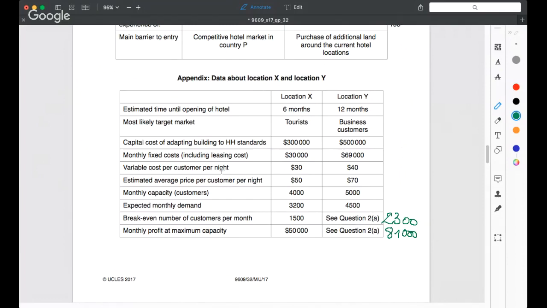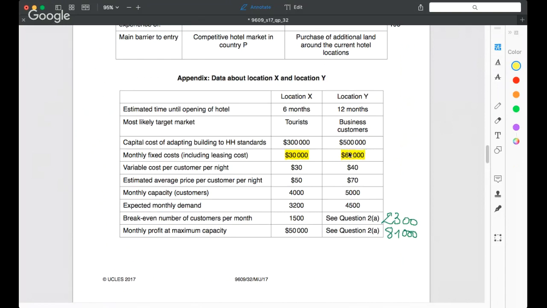Okay, so we are putting in yellow what is fixed cost. Monthly fixed cost is this one, and this one here.